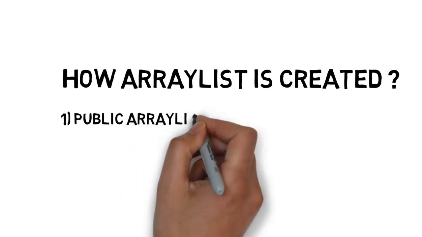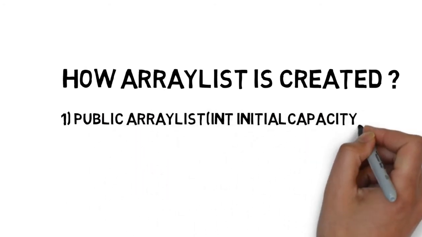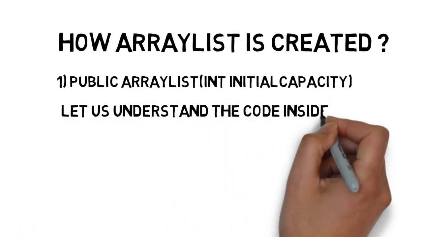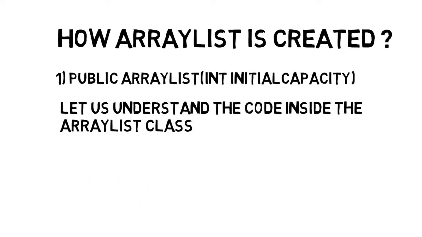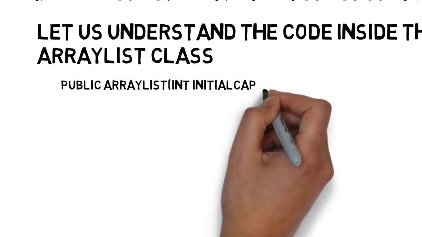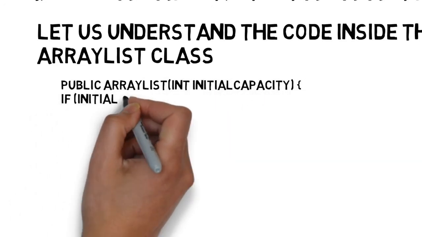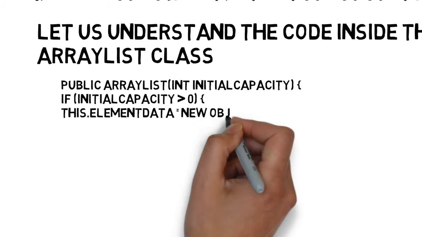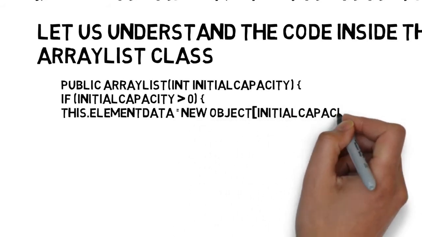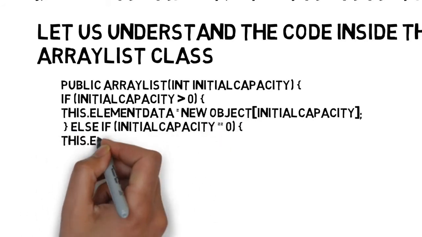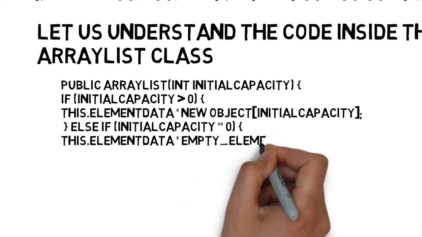Let us discuss how an ArrayList is created. Public ArrayList(int initialCapacity). Let us understand the code inside the ArrayList class. If initialCapacity is greater than 0, this.elementData equals new Object[initialCapacity].